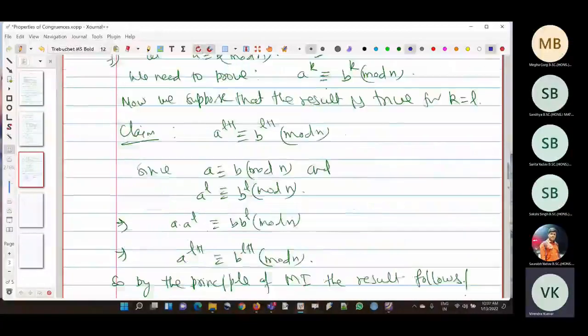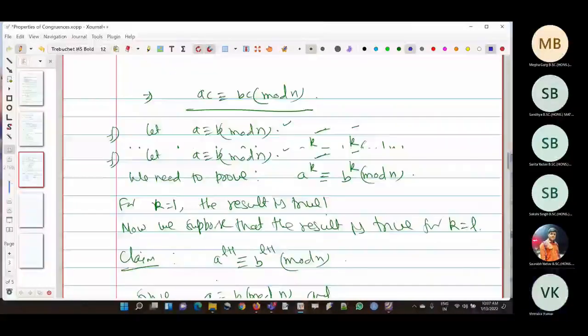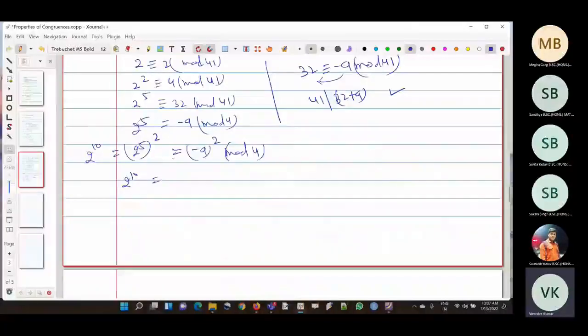So here, 2 to the power 10 is congruent to 9 squared, that is 81, modulo 41. And because 81 is bigger than 41, we can reduce it.